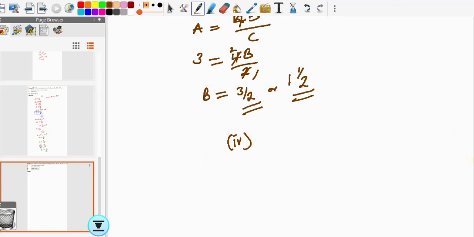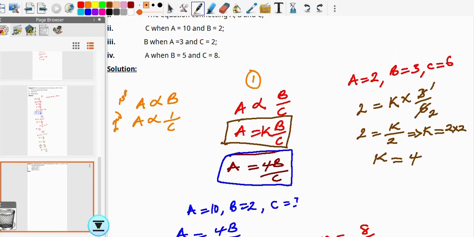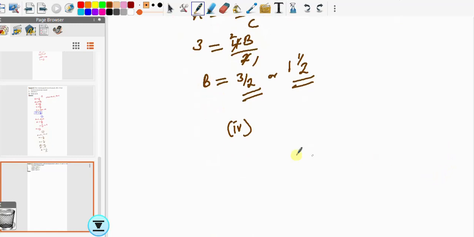Figure 4. So we are looking for A when B equal 5, C equal 8. B equal 5, C equal 8. We are looking for A, which is A equal 4B over C, right?